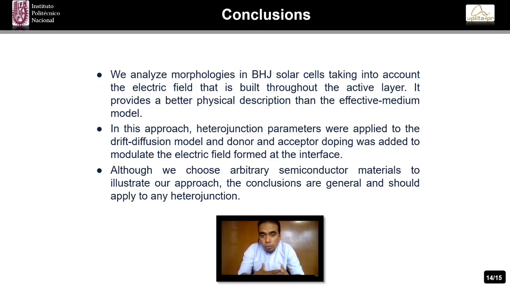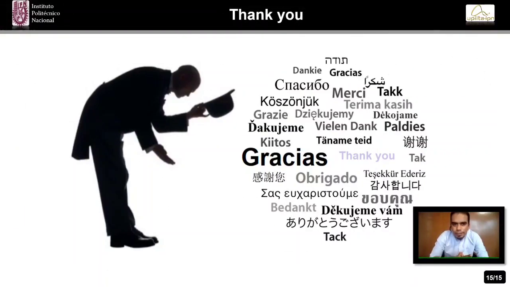We also show that in this approach, the heterojunction parameters can be considered with the diffusion model, and a donor and acceptor doping is used to modulate the electric field created at the interface. And finally, although we have chosen arbitrary semiconductor materials to illustrate our approach, the conclusions are general and should apply to any heterojunction.